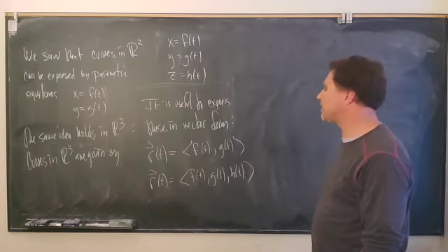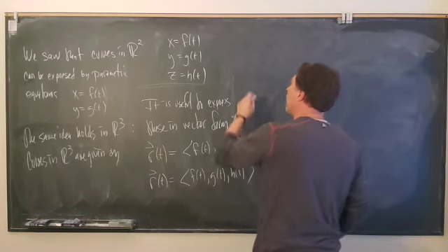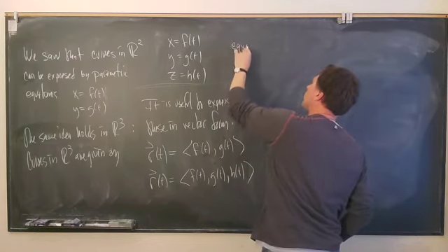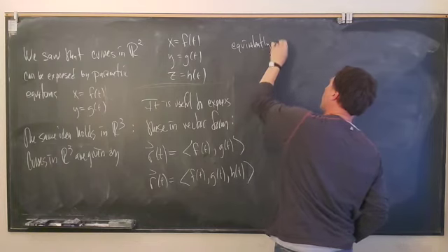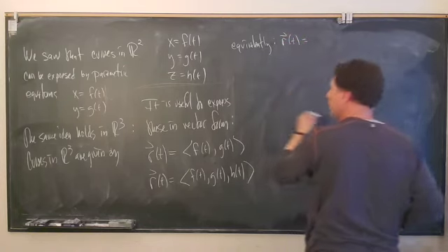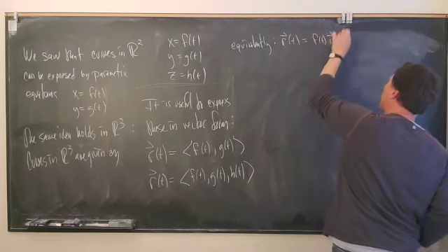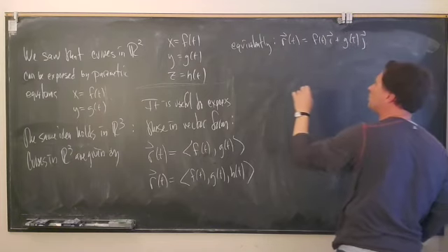Also, physicists like to use the IJK notation, and so equivalently, r of t equals f of t times i plus g of t times j.